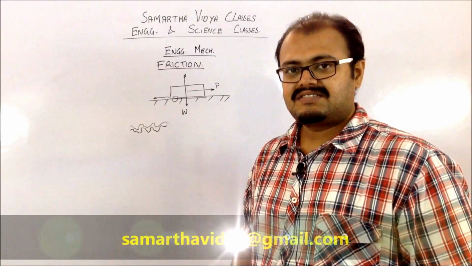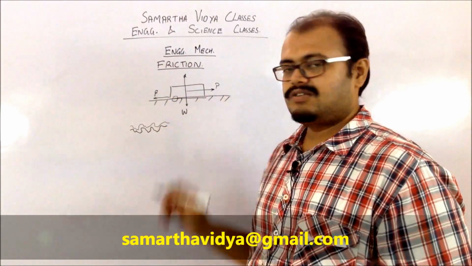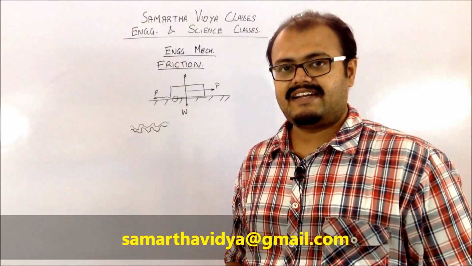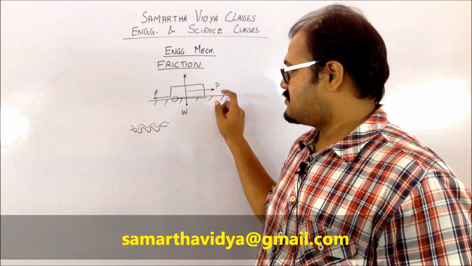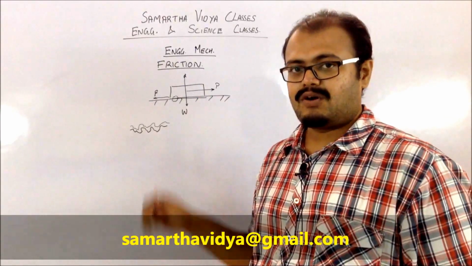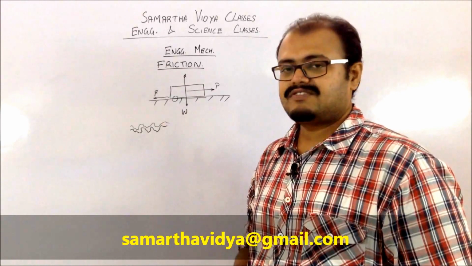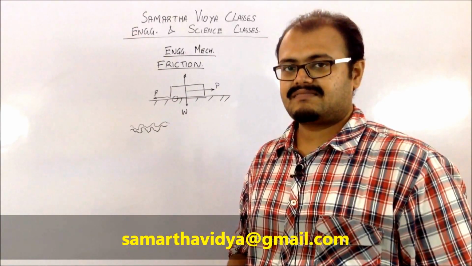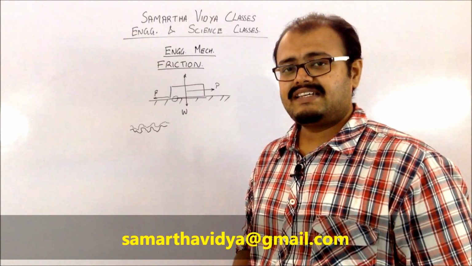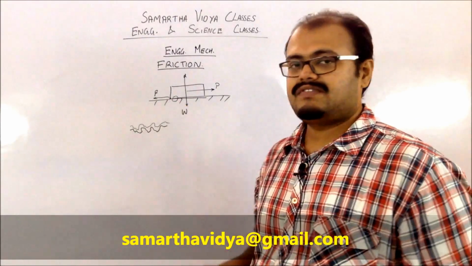The friction is always in opposition to the force which is trying to make the block move. This force is trying to move the block in the right direction, so the frictional force will be opposite to that, in the left direction. The point of application of the friction is always at the point of contact of the surfaces.